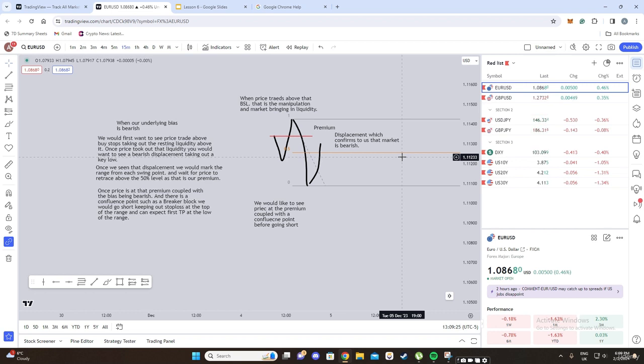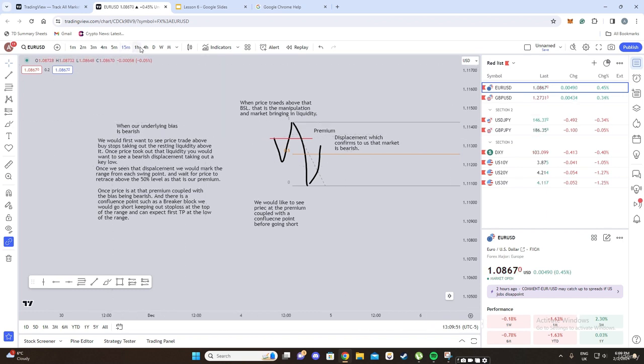So we'd look at the displacement and see if there are any gaps, order blocks or breaker blocks, which can add to our trade idea that the market is bullish. That's all we're looking for. We're looking for certain signs and signals which can give us a better chance in actually making money with the trade and being correct. So that's your universal trade setup.